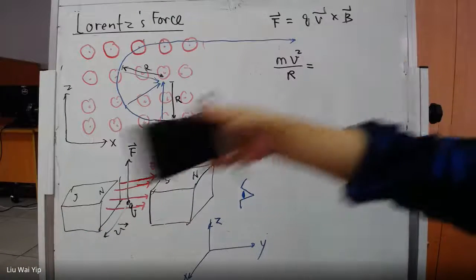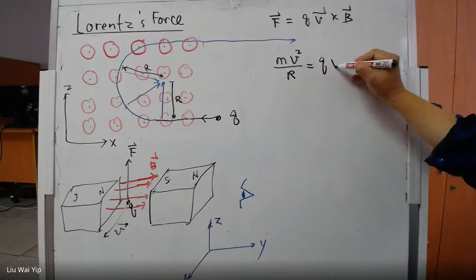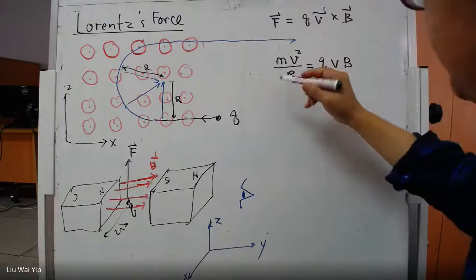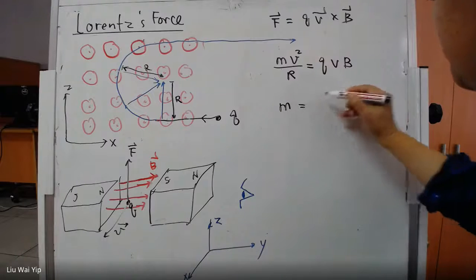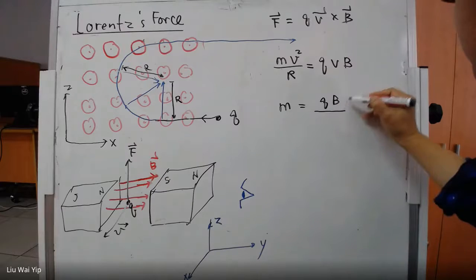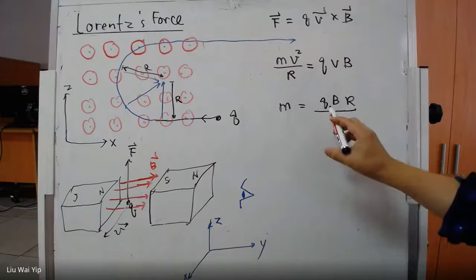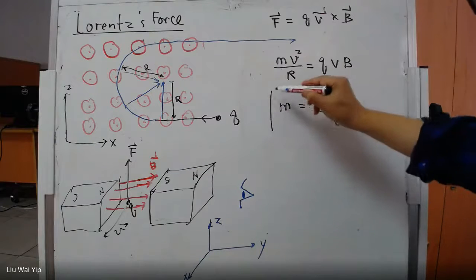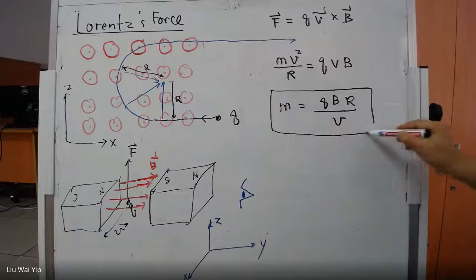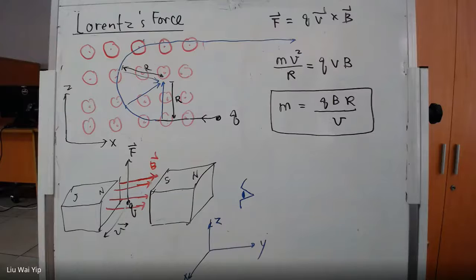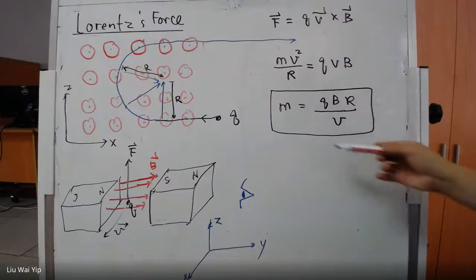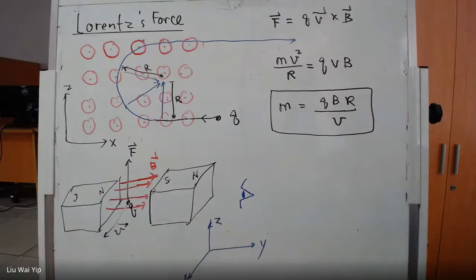And in the scalar form, we are going to have Q, V, B. And finally, we can conclude that M is equal to Q, B, R divided by V. The mass itself can be calculated from the radius of this circular locus, the magnetic field strength, and more importantly, the velocity of movement.